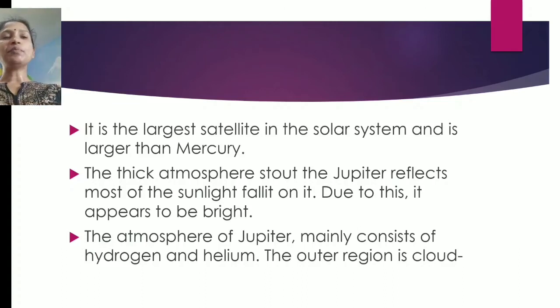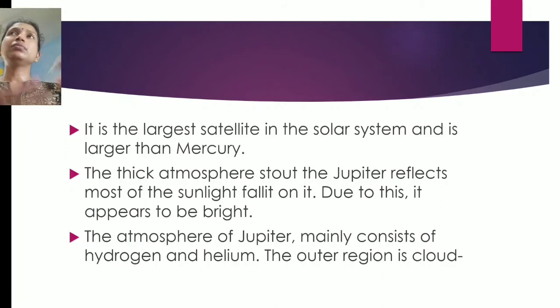The thick atmosphere of Jupiter reflects most of the sunlight falling on it. Due to this, it appears to be bright. Why does it look bright? Because its atmosphere is such that sunlight falls on it and is reflected, and that's why it looks bright. The atmosphere of Jupiter mainly consists of hydrogen and helium.